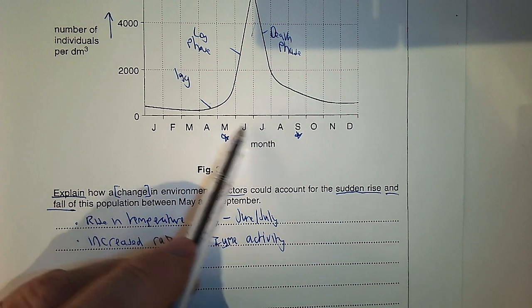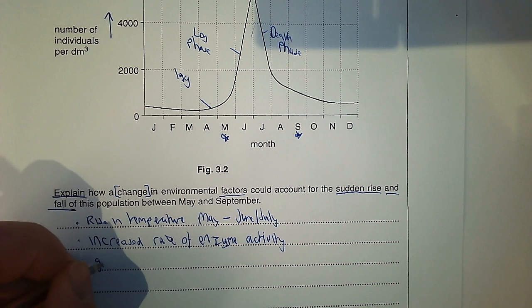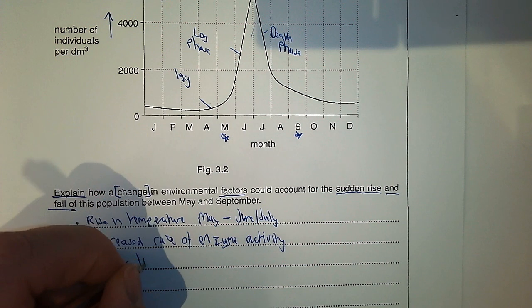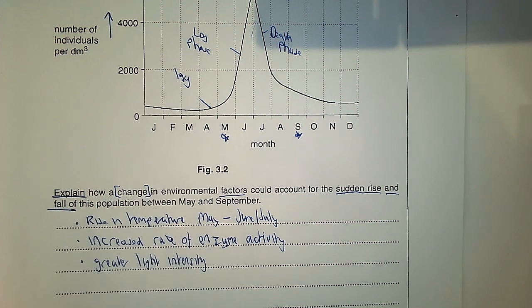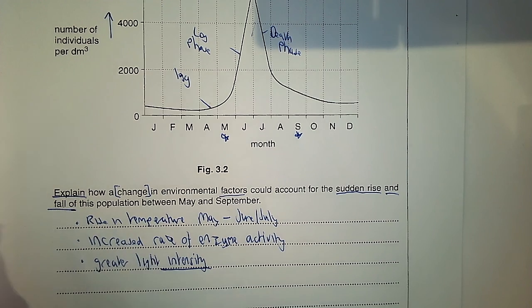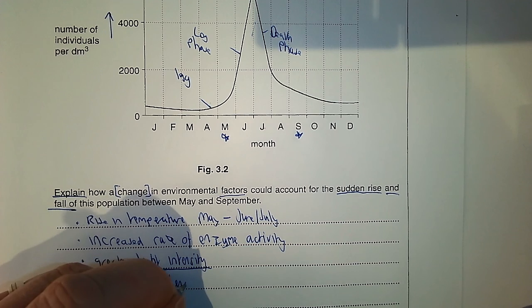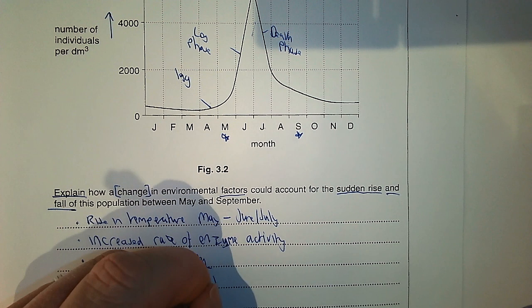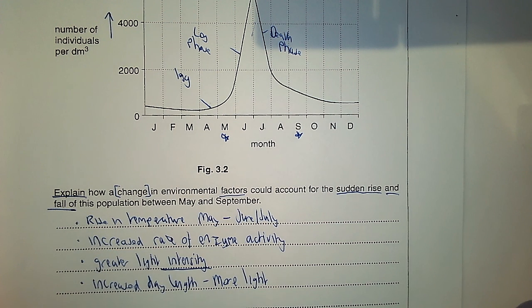In the months May, June, July, we've also got greater light intensity. Make sure you talk about light intensity, not just mentioning light. And we've got increased day length. So we're going to have more light hitting the photosynthetic organisms.